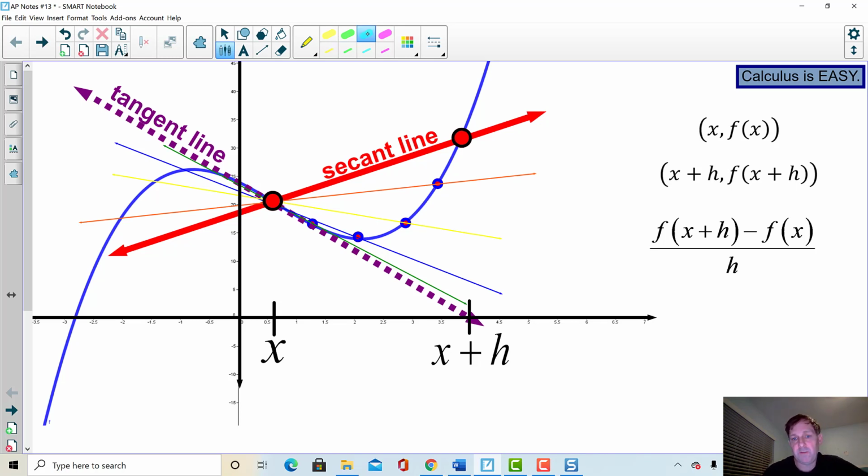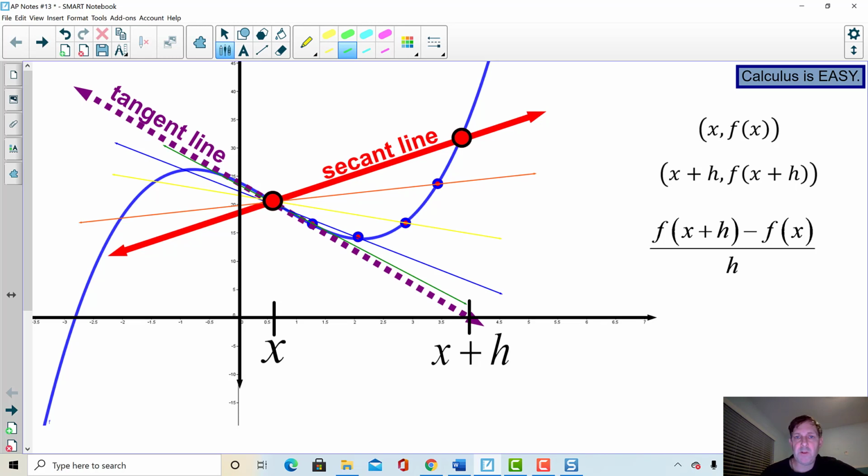Now here's where the calculus comes in. We want this point right here to get closer and closer to that first point. If we can do that, then you can see the slope is going to become closer and closer to the slope of that tangent line.